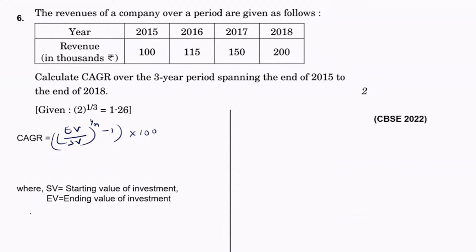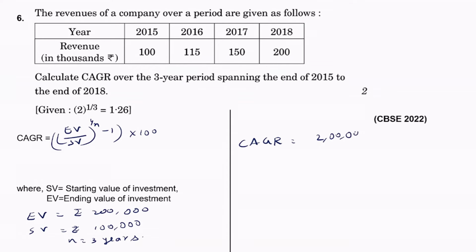So let us write what is given. Ending value is rupees 200,000. Starting value is rupees 100,000. And n is equal to 3 years. So using all these, we can find the compound annual growth rate. Compound annual growth rate is 2 lakhs upon 1 lakh, the whole raised to 1 by 3, minus 1, into 100.